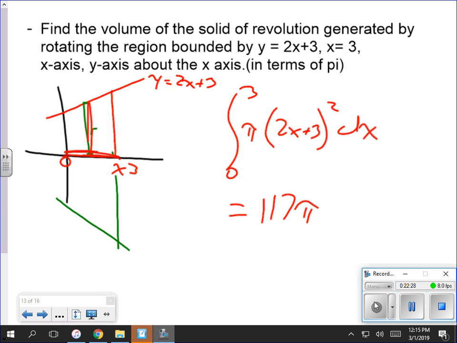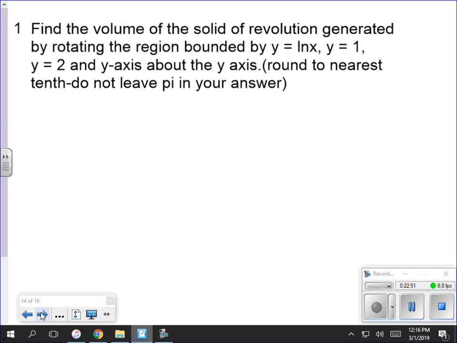Doing it by hand, FOIL this out: 4x squared plus 12x plus 9. Take the antiderivatives of that. Plug in 3, that gives you 117, and then times pi. It's really not hard.